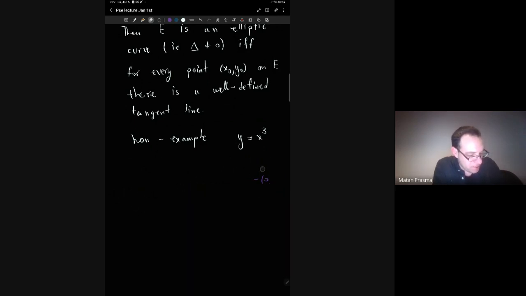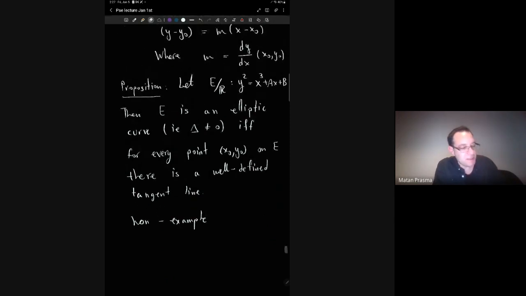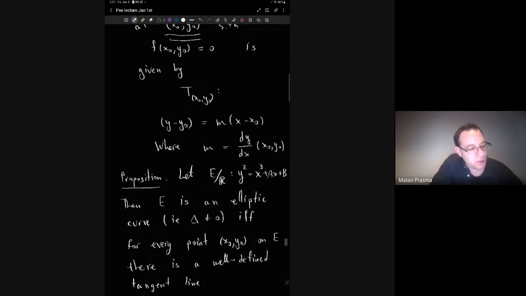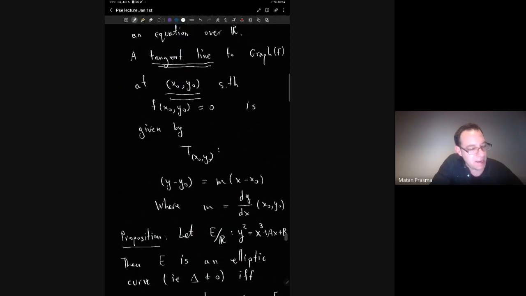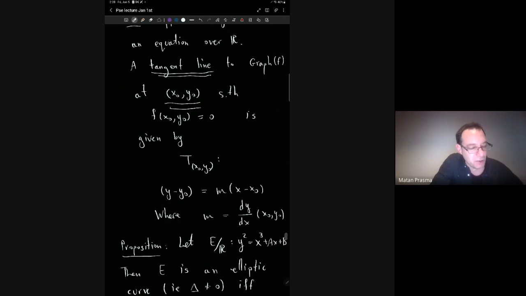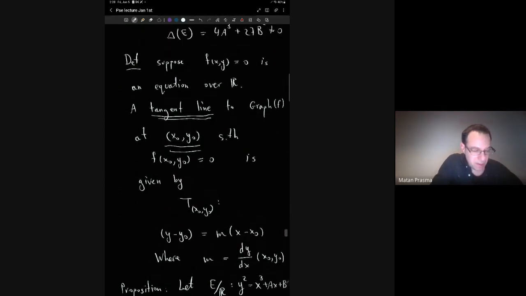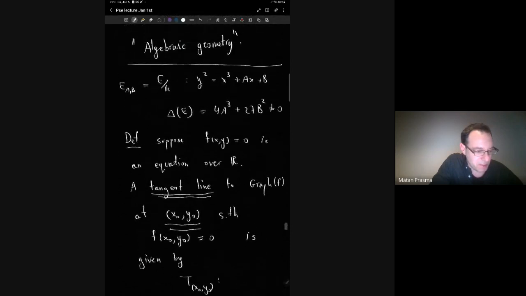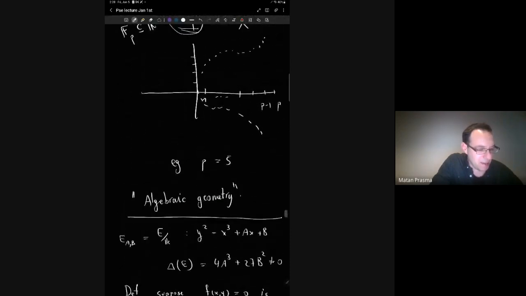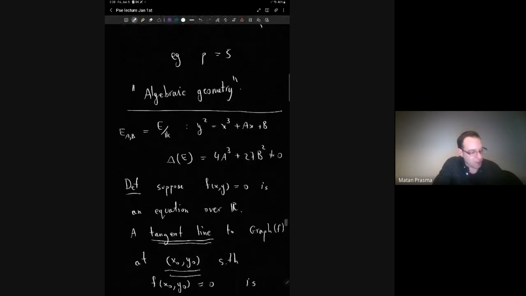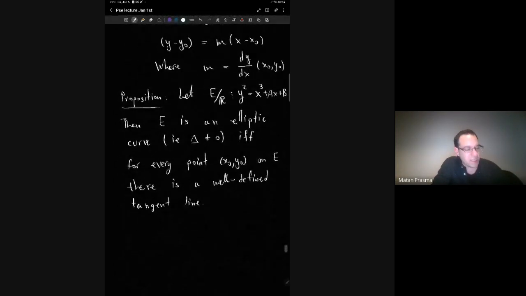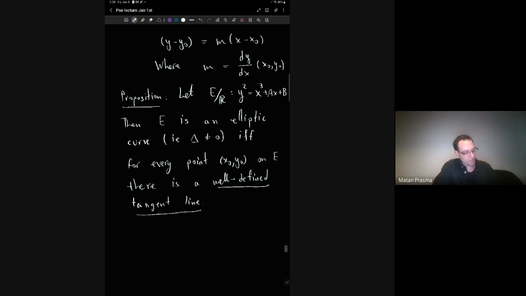What I want in the case of elliptic curves, let me take back the non-example for now, because I don't want to get you into these calculus issues of limits and so on. It's too complicated, I think, for our purposes. Well, okay, you will see in the proof of the proposition what I mean by a well-defined tangent line. Okay. Fair enough.